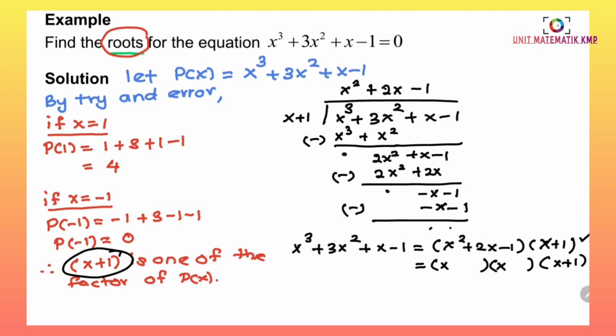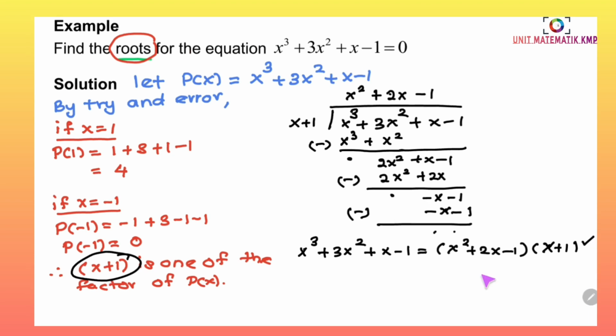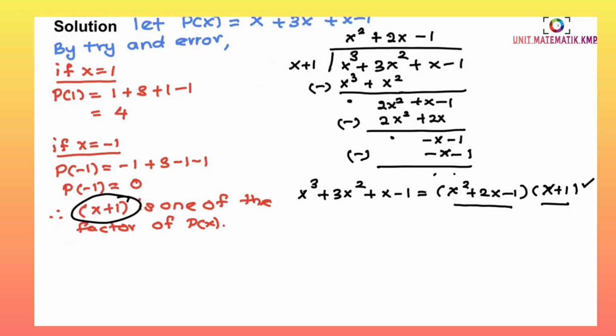To find the roots, we take each factor and equal it to 0. For the quadratic, we need to use the formula x equal to negative b plus minus square root of b square minus 4ac over 2a.